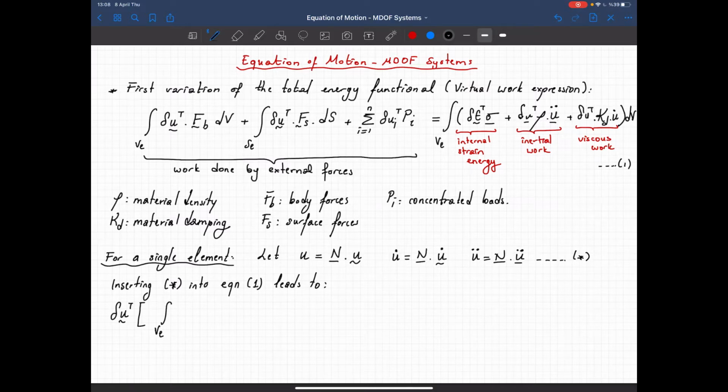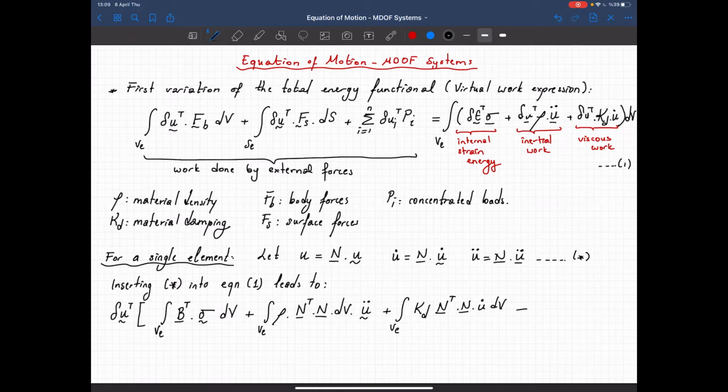I have the volume integral B transpose multiplied by the stress times dV, plus the volume integral rho times N transpose multiplied by N times dV multiplied by the u double dot, plus again integrated over the volume material damping multiplied by N transpose N times u dot dV, and we have the forces.